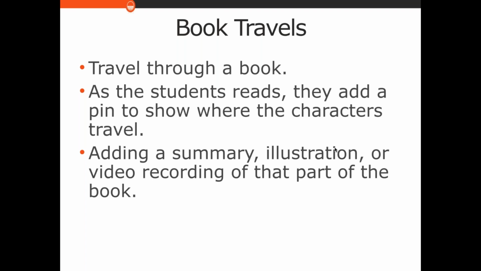You could bring in all kinds of different literary elements. You could even have them travel through genres, and on their map, they put a pin where that character was, but they discussed the genre, the book, what happened in the book, and what genre it was. And were they interested in that genre? What did they think? What parts were interesting? Tons of ideas where you could go with it.